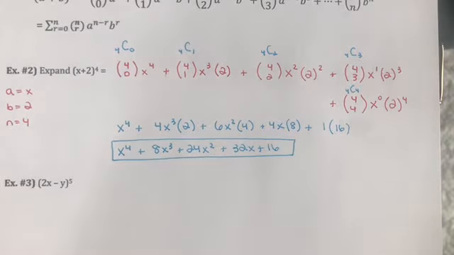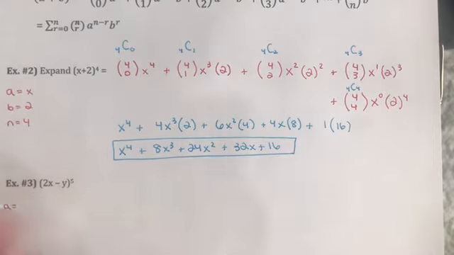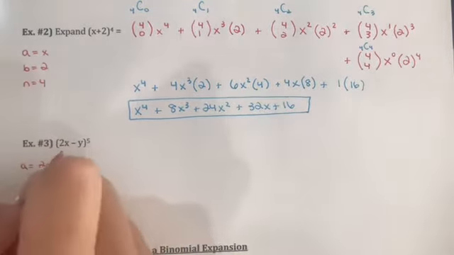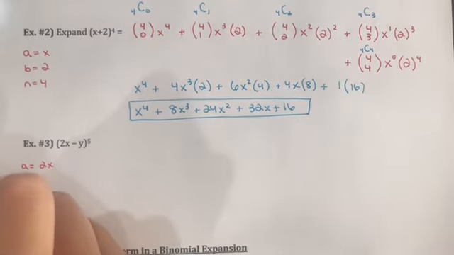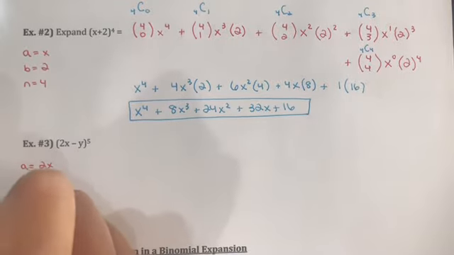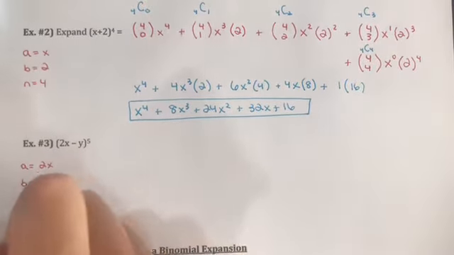All right, let's do another one together. In this case, my A is 2x. The B is negative y. Okay, because it's negative here, that's important. And then N is going to be 5.